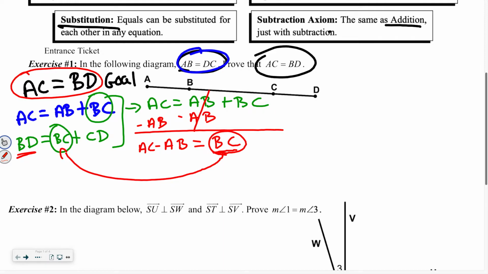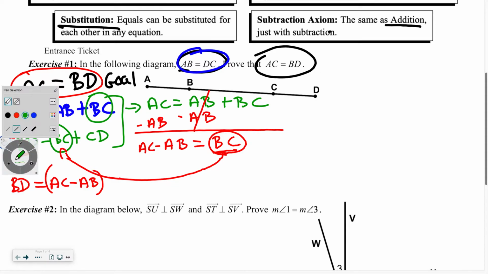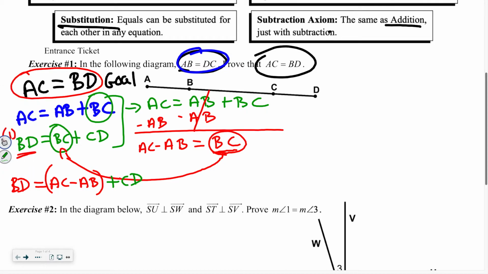Therefore this equation becomes BD is equal to, making that substitution right here, BD is equal to AC minus AB plus CD. And I'm almost done.